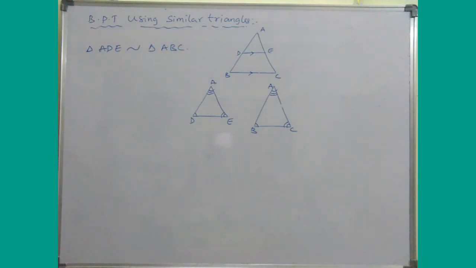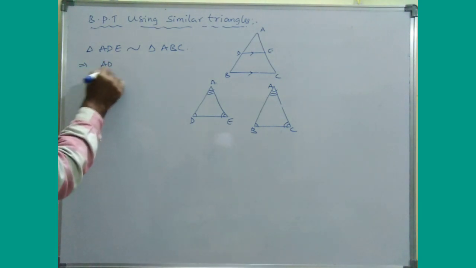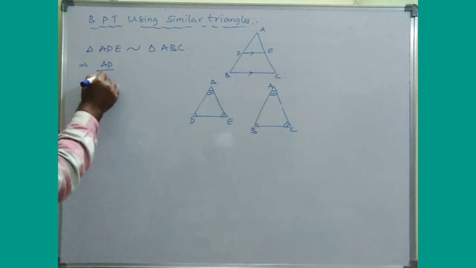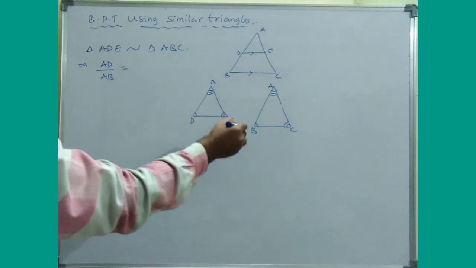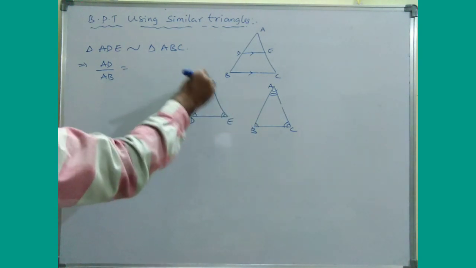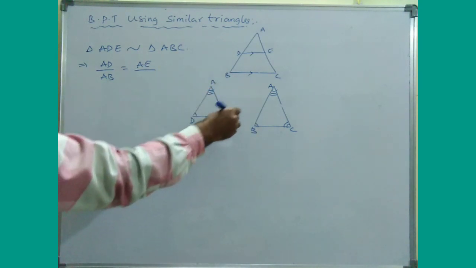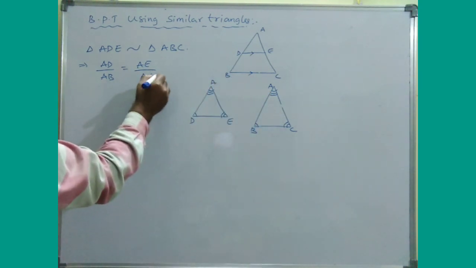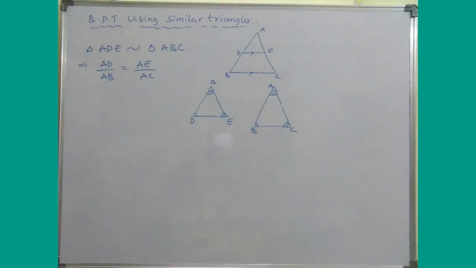If both are similar, now see how easily we can prove. If they are similar, then just now we discussed that their corresponding sides will be in the same ratio, AD by AB, which is equals to AE by corresponding side AC. Actually third one also we can write it, but we want only any two corresponding sides, it is enough.